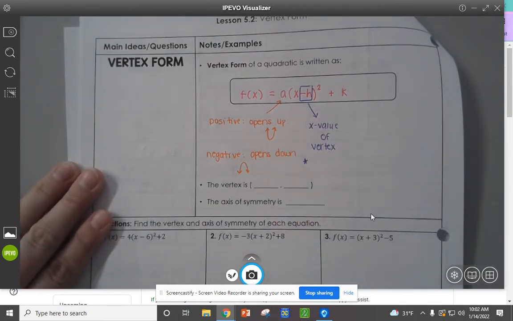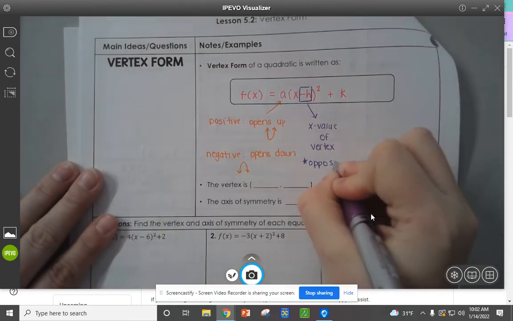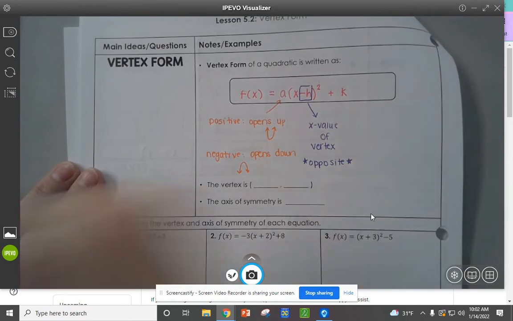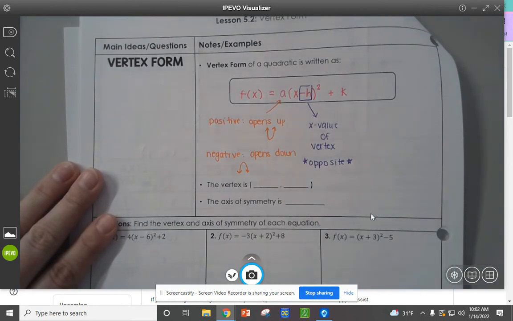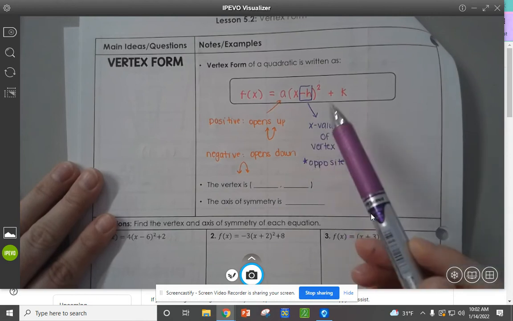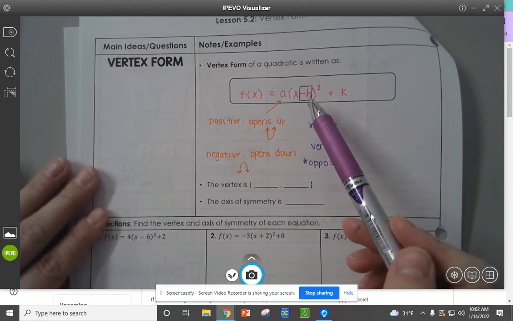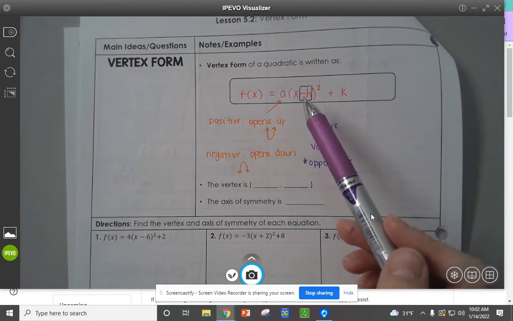The big thing to remember is that you have to take the opposite. So if it says plus 3 there, the x value of the vertex would be negative 3.